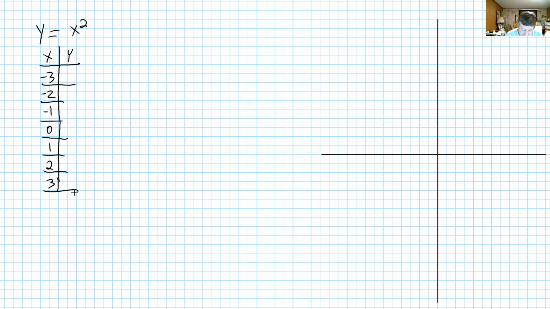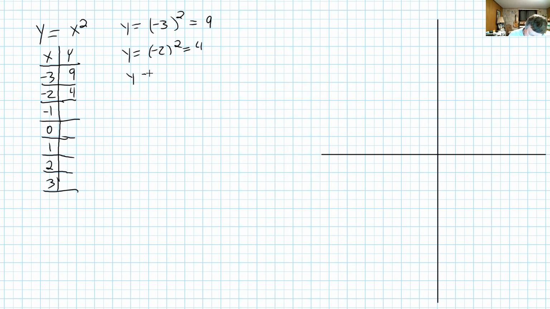If x is -3, then y equals -3, but it's -3 the quantity squared. So we in fact get a +9. We don't get -9 because we're taking -3 times itself. If x is -2, y equals -2 the quantity squared is 4.